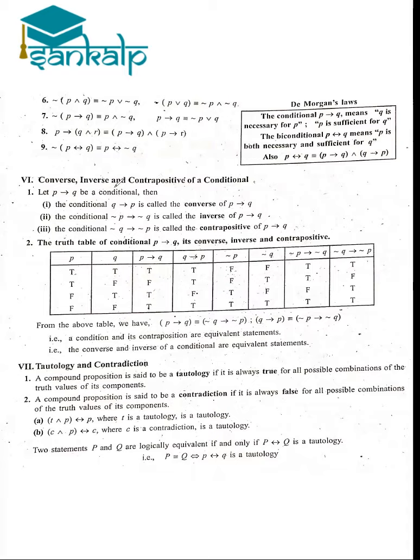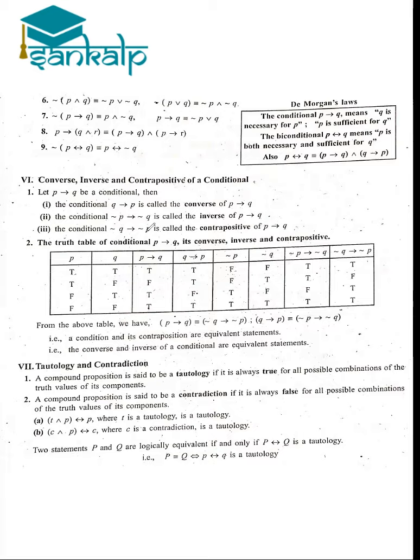If P implies Q is the conditional, then Q implies P is called the converse of P implies Q. The conditional negation of P implies negation of Q is called the inverse of P implies Q. The conditional negation of Q implies negation of P is called the contrapositive of P implies Q.